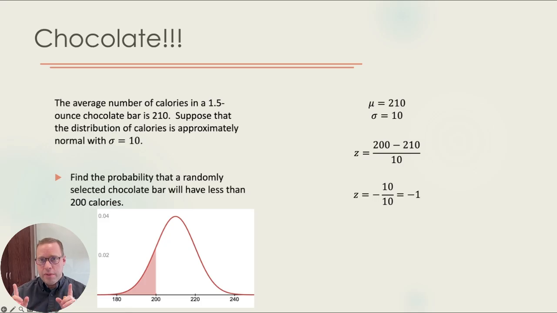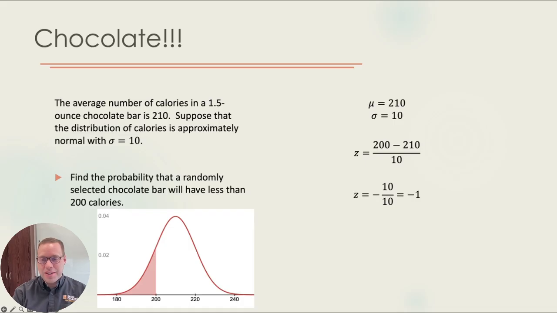Well, wait, now that actually makes sense, right? Because our value of 200 is 10 below the mean. And we have a standard deviation of 10, so we're one standard deviation below the mean. So it makes sense that we have a z-score of negative 1 because we're one standard deviation below the mean.